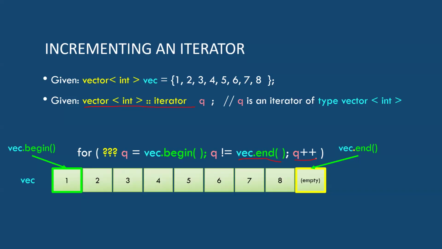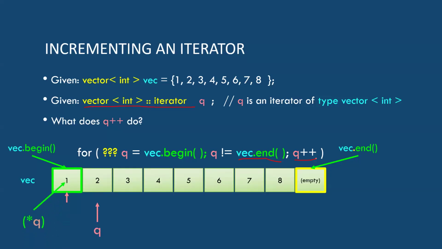So even the ++ is overloaded here. It's like, what does that mean? I don't know. The iterator class has overloaded the meaning of that to mean move to the next thing, wherever it is. We don't know how this thing's storing the data, but the iterator kind of abstracts that away from us so we don't have to worry about it. So it's just going to the next thing, whatever that means, right?